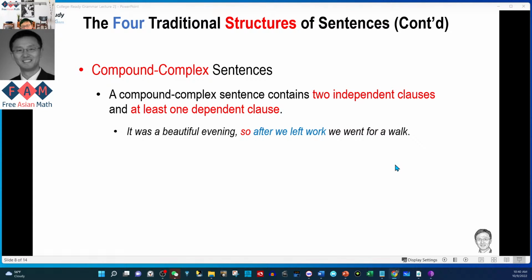So logically, once you know compound and complex, building a compound complex is very mechanical. Okay, you just have a coordinate conjunction. You need that. Or as we will see, we could use a semicolon to do that, but that's a different story for another day.